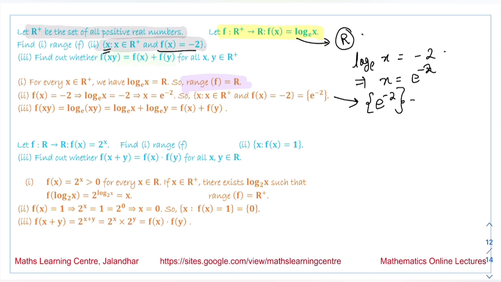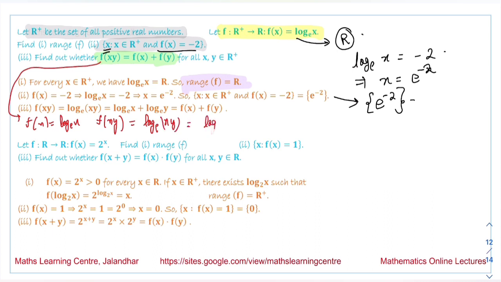Next we have to check whether f of xy is equal to f of x plus f of y. So what is f of xy? F of xy means we are talking about this function f x is equal to log e x. So f of xy will be equal to log to the base e of xy.